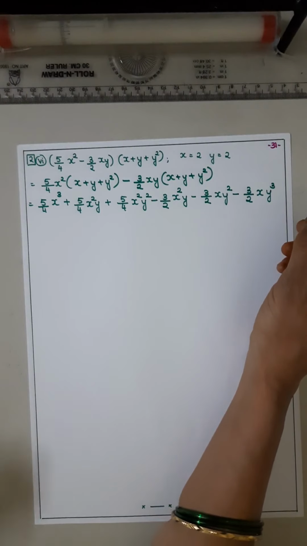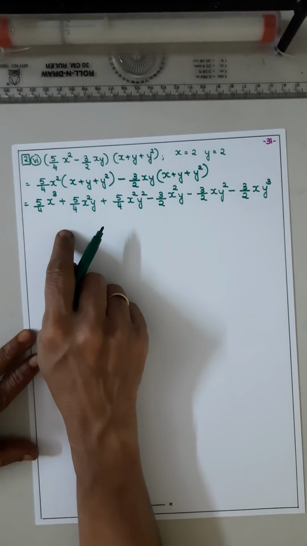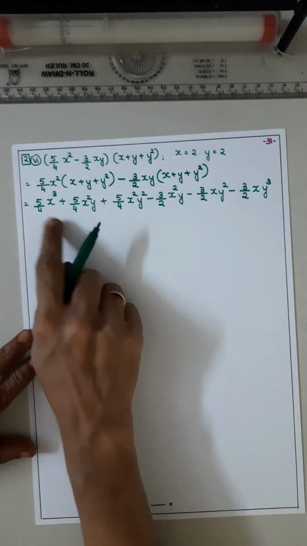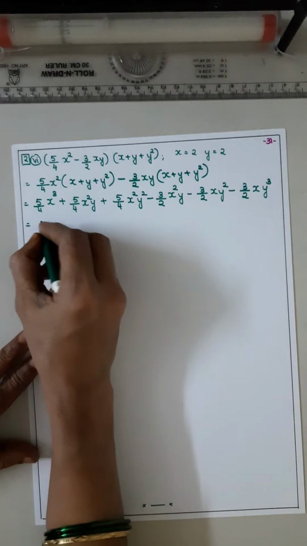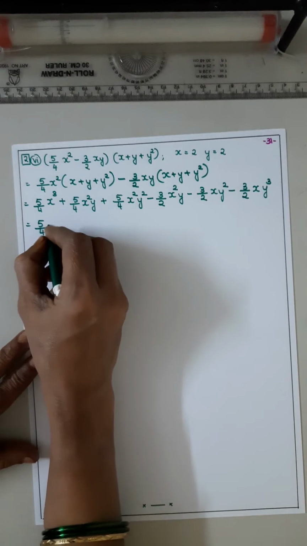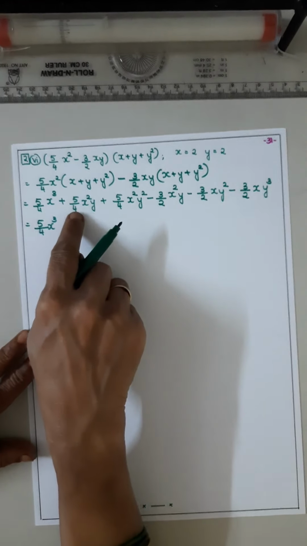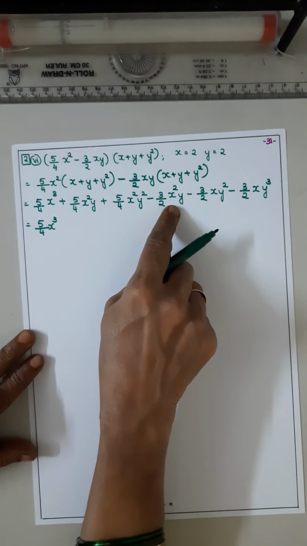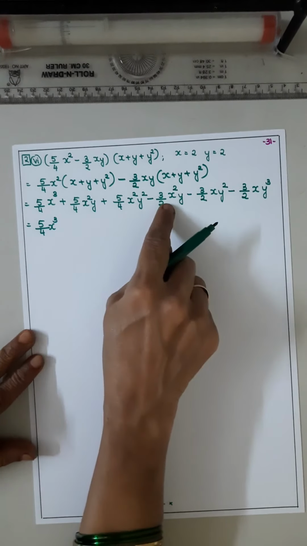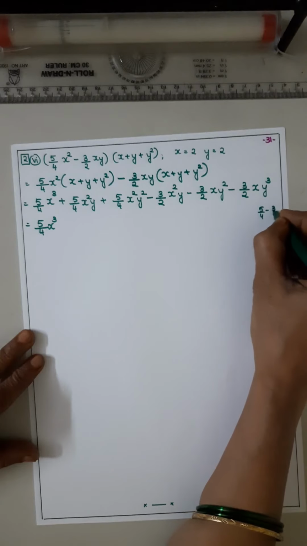Okay. So you see any cutting is there? It is 5 by 4 x cube, nothing is there, right? 5 by 4 x cube. Now x squared y, here x squared y is there, here x squared y is there, isn't it? So it is a plus and minus, means you have to subtract. So the numbers are 5 by 4 minus 3 by 2.